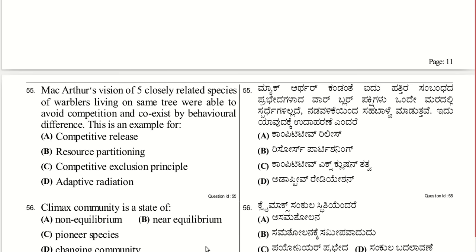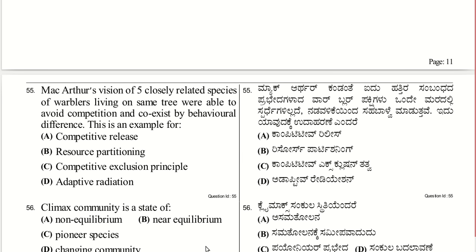MacArthur's 5 closely related species of warblers living on the same tree were able to avoid competition and coexist by behavioral difference. This is an example for resource partitioning. So 55th, B is the answer, resource partitioning.